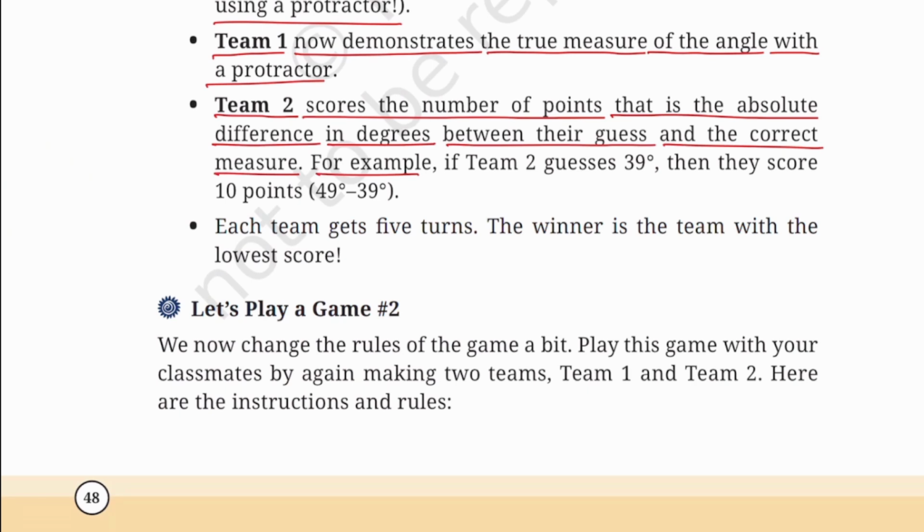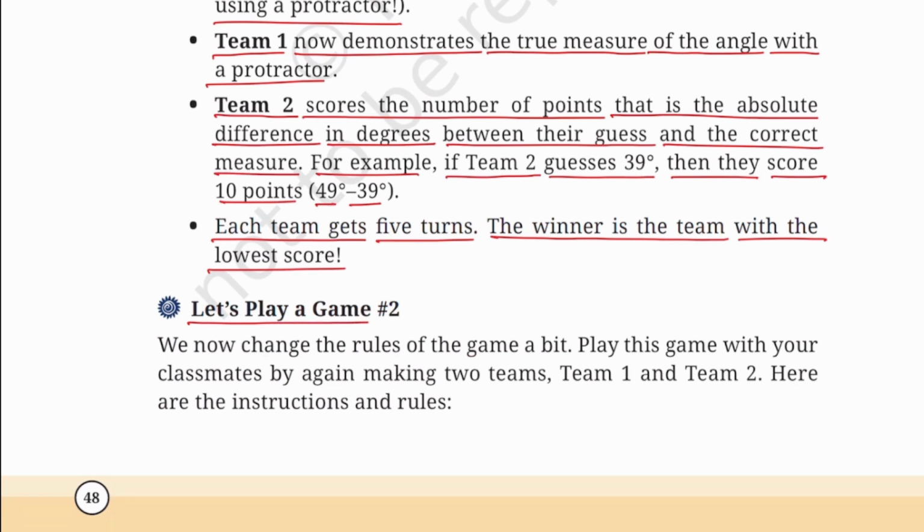For example, if Team 2 guesses 39, then they score 10 points, that is 49 minus 39. Each team gets 5 turns. The winner is the team with the lowest score.